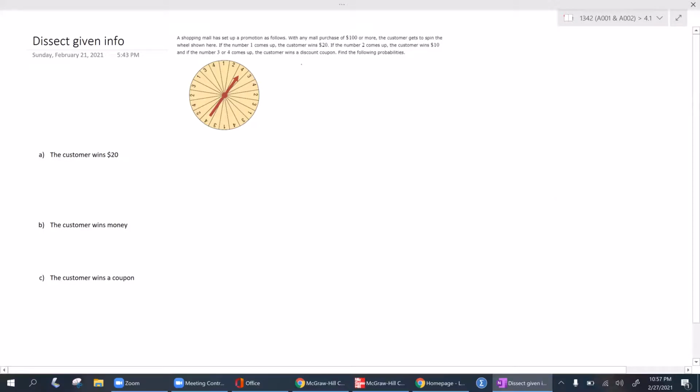If the number 1 comes up, right, you can win $20, right? If the number 2 comes up, right, the customer wins $10, right? If the number 3 or 4 comes up, 3 or 4, right, the customer wins a discounted coupon.